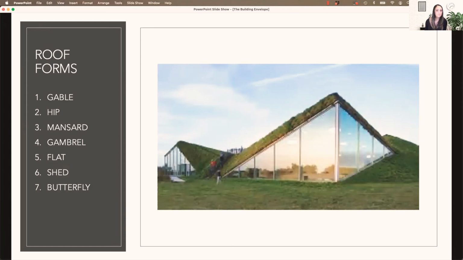I think I have to stop sharing for a second. Oops. Stop sharing. Sorry guys, I'm trying to figure out, here we go. So I'm going to create 3 breakout rooms.